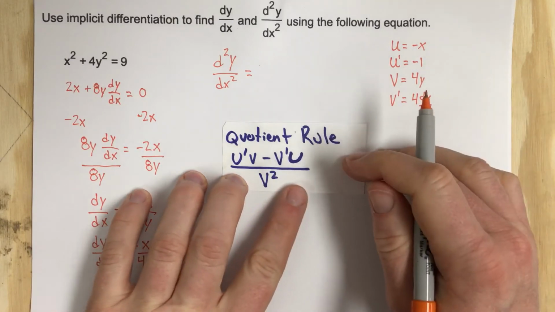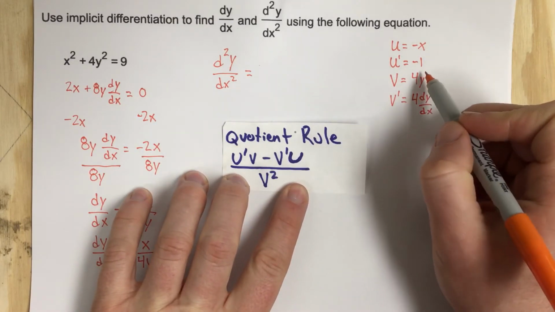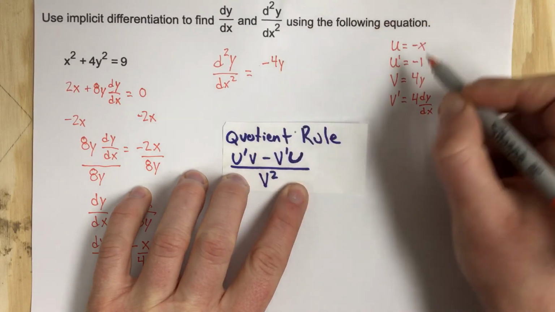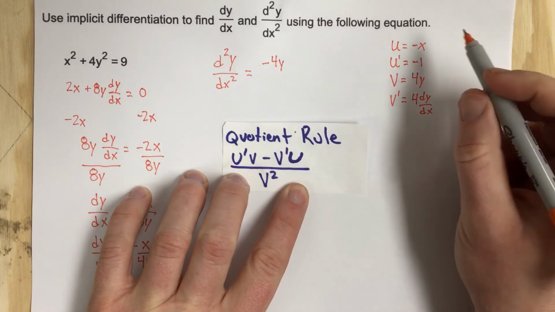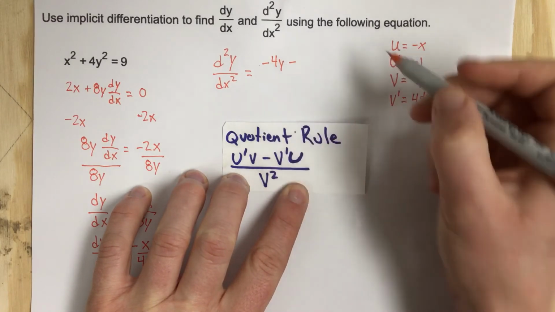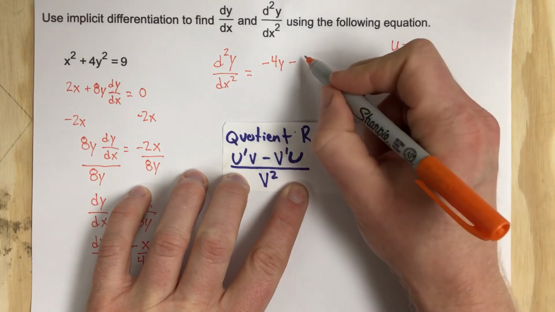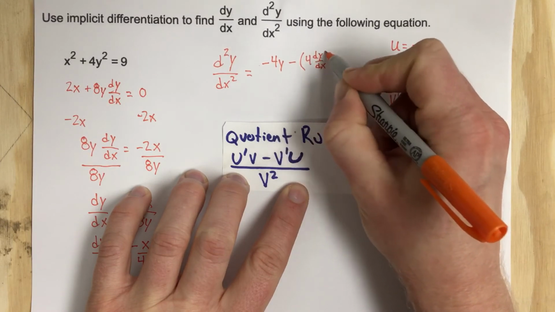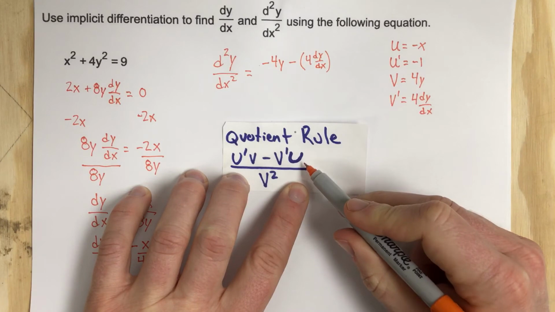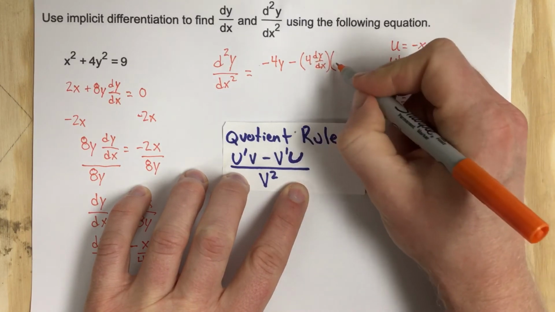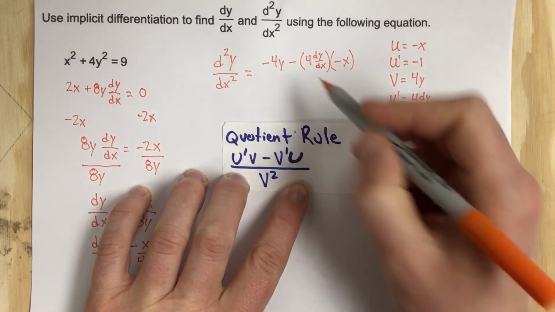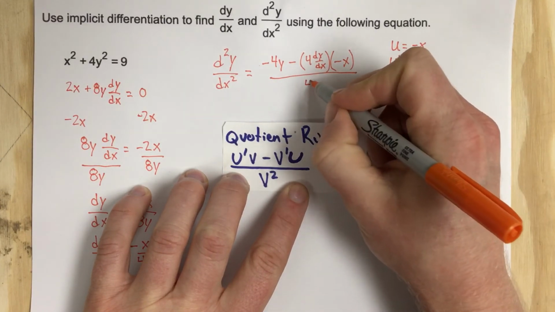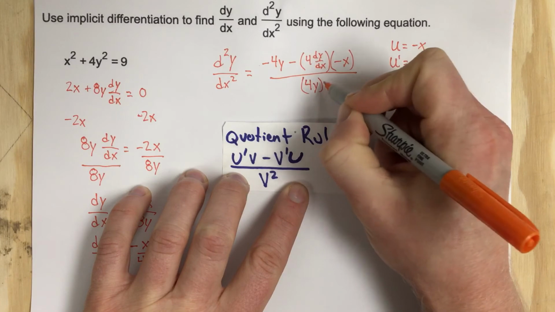So I'm going to start with u prime v, which is negative 4y, because negative 1 times 4y, minus v prime, which is 4 dy over dx, times u, which is negative x, and this is all over v squared, which is 4y squared.